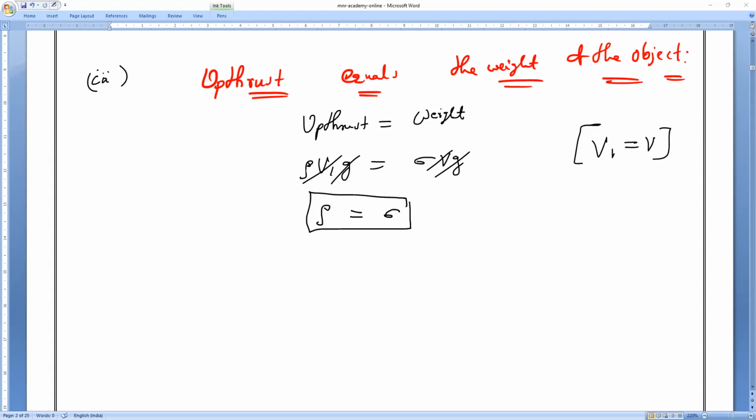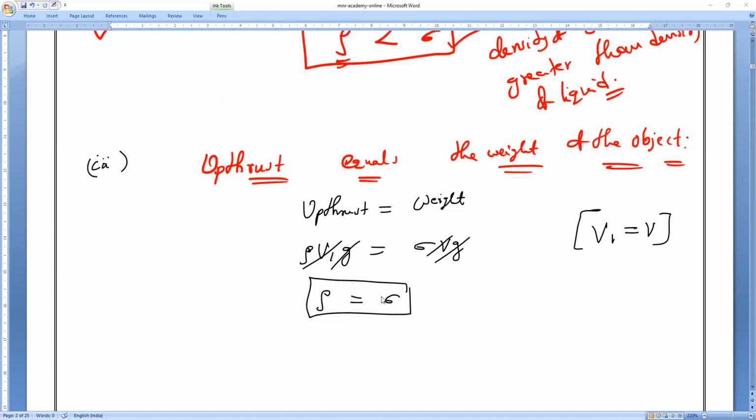So these are the three cases. This is what we call the principle of flotation. Either the object will sink or float above the surface or below the surface depending on the density of the substance.